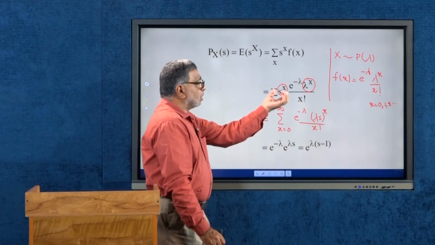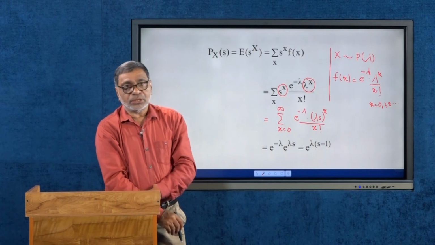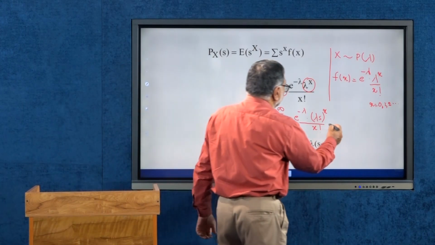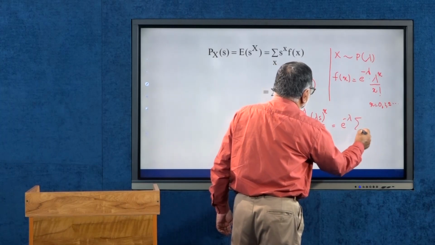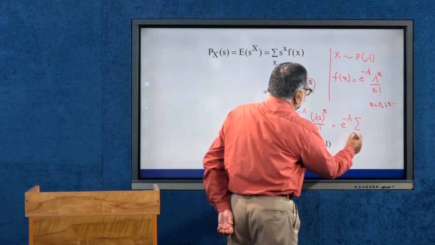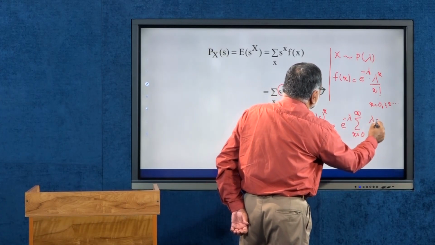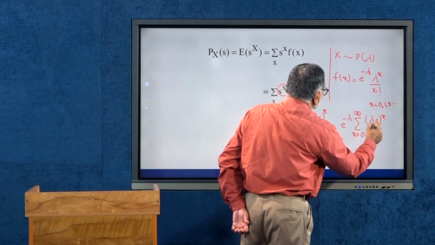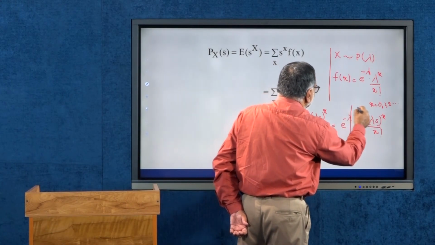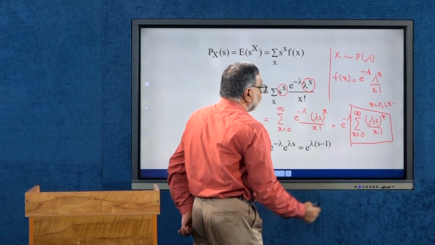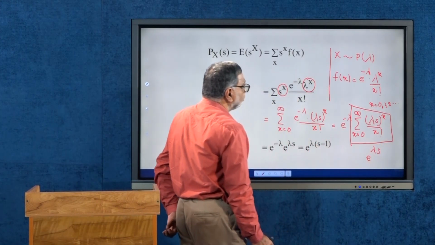You are combining s power x and lambda power x, and you write (lambda s) power x, and from this you take e power minus lambda outside the summation sign. So, e power minus lambda sum over x is equal to 0 to infinity (lambda s) power x divided by x factorial, and this is a standard infinite series for which you know the value is equal to e power lambda s.